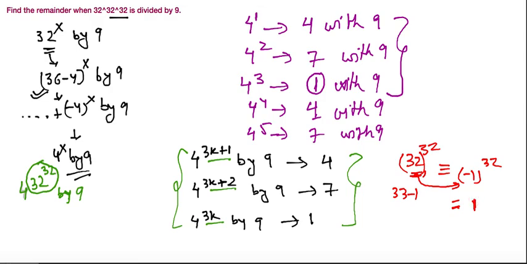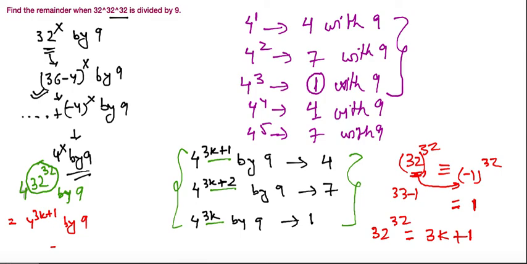Now, basically what it means is when you divide this expression 32 to the power 32 by 3, you are going to get remainder as 1. That's what it means. So I can write this expression as 3k plus 1. Now, if you bring this to here and you write this expression as 4 to the power 3k plus 1 by 9, basically you need to find the remainder when a number of the form 4 to the power 3k plus 1 is divided by 9.